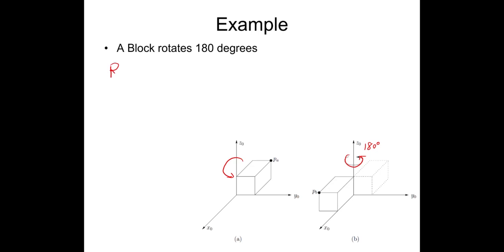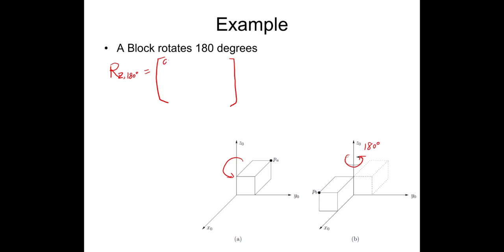So if we write the rotation matrix of this action, my rotation matrix is RZ with theta equals 180. Okay, so what is that? Do you still remember the basic rotation matrix which we just talked about in part 1?